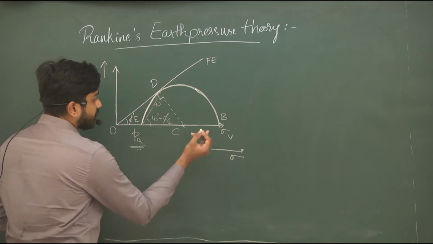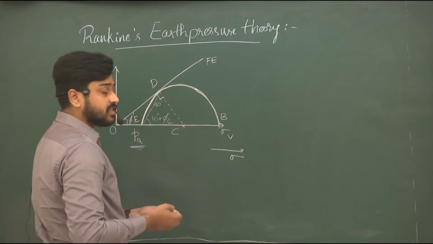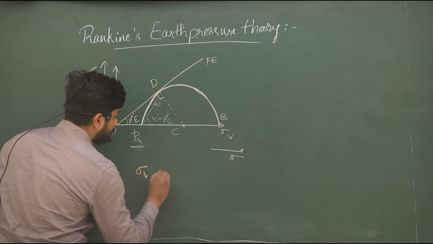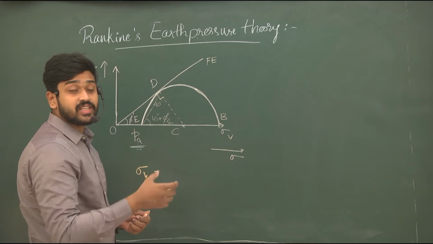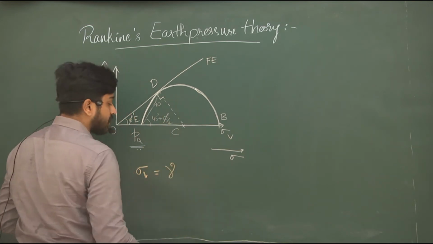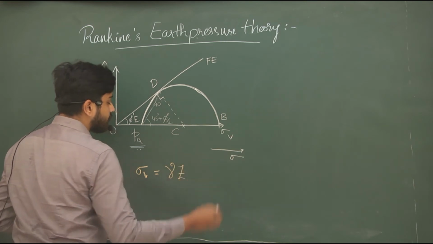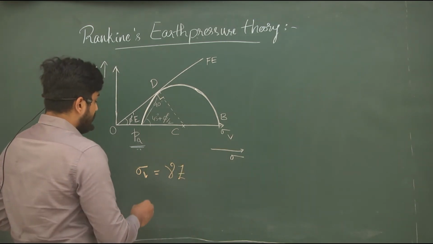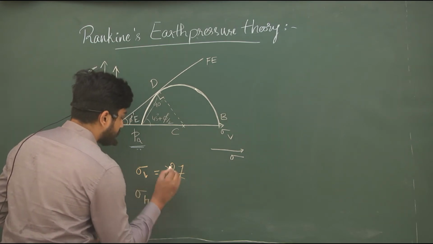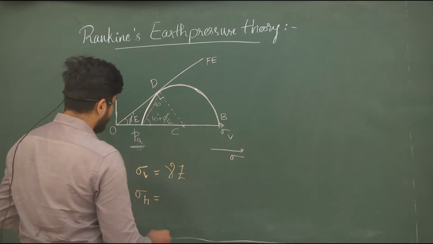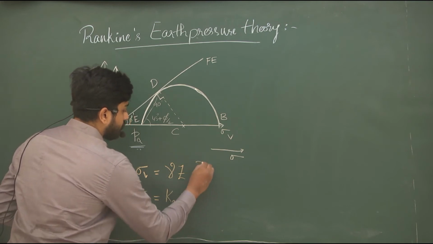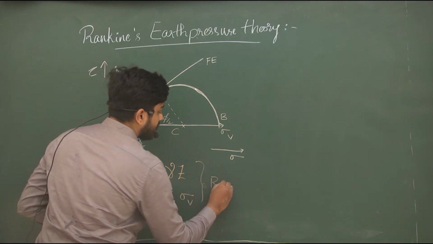In general, since the soil element is at a particular depth, what is sigma v? Sigma v is nothing but the vertical stress. Since it is at a particular depth, let us say the unit weight is gamma for that soil, so it is gamma into Z. And we know sigma h at rest condition is K naught into sigma v.